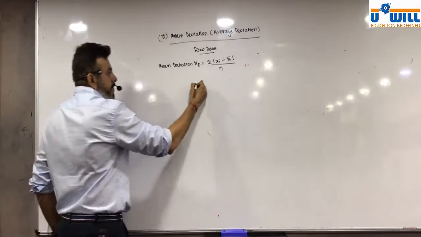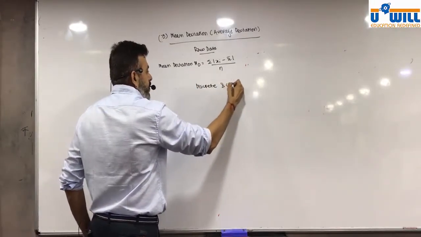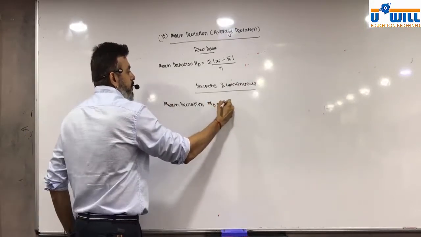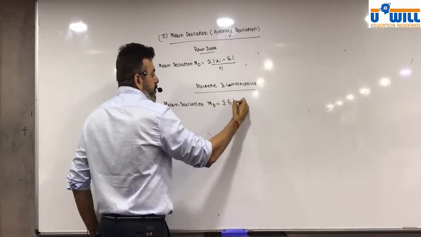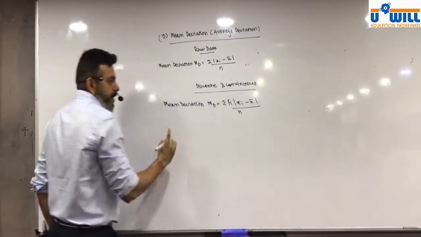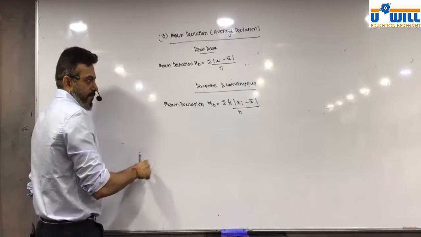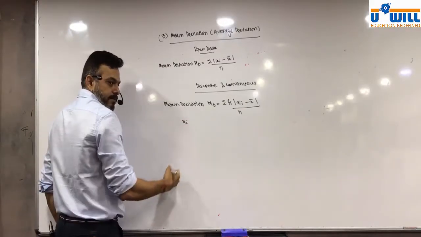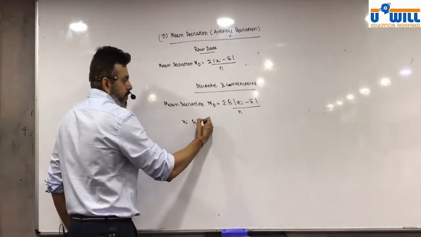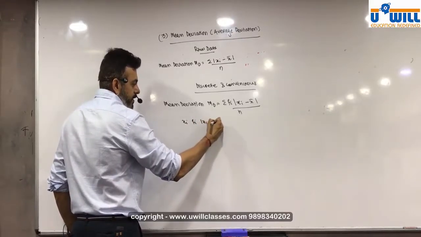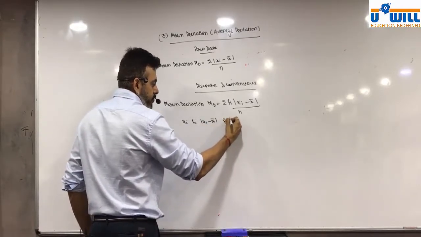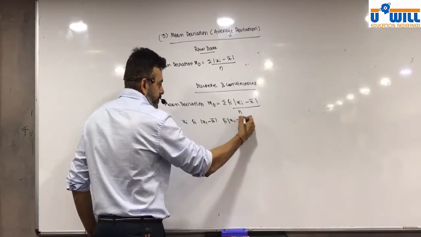Now, if it is discrete and continuous, then the formula for mean deviation is equal to sigma fi modulus xi minus x bar upon n. It means what columns will you have? You will have xi, you will have fi, you will have modulus xi minus x bar, and then you will have the column fi into modulus xi minus x bar.